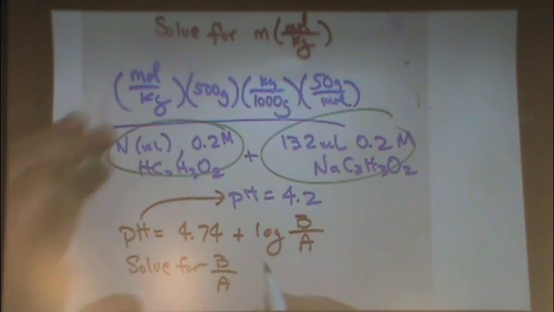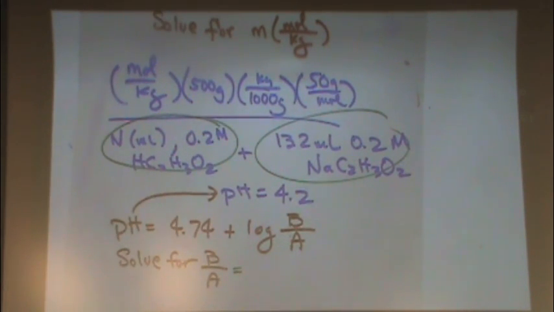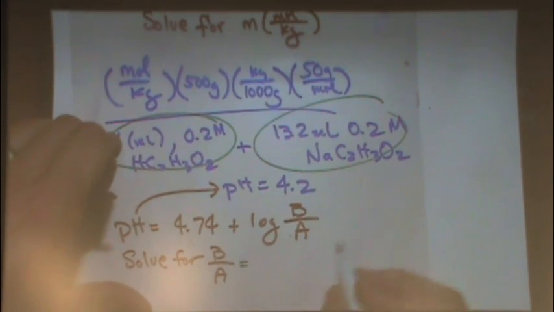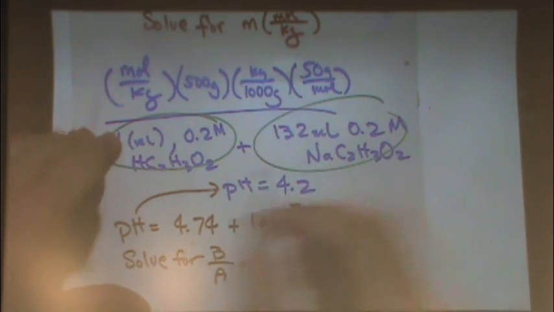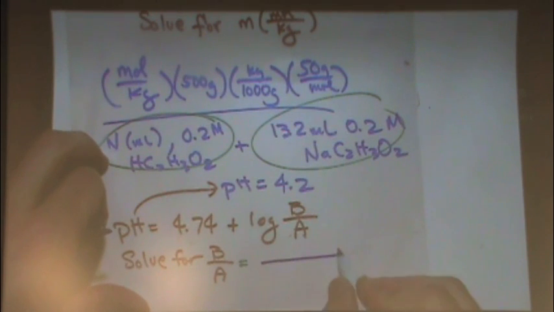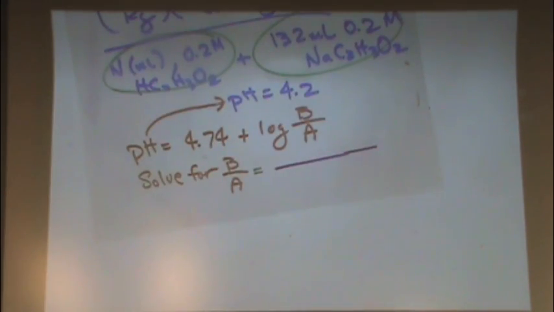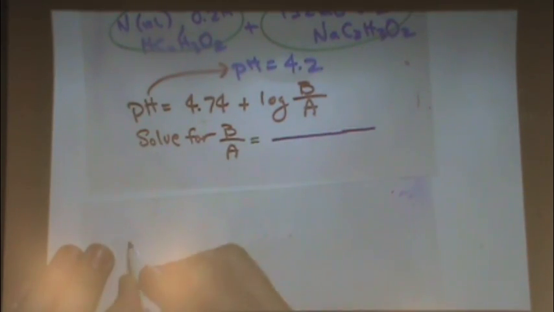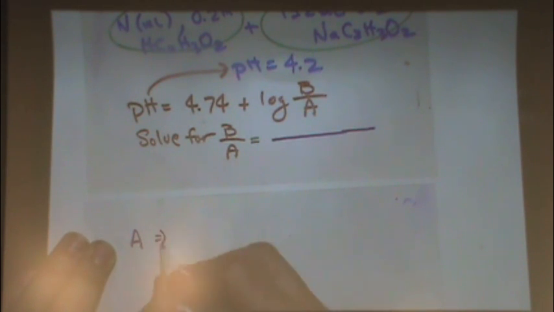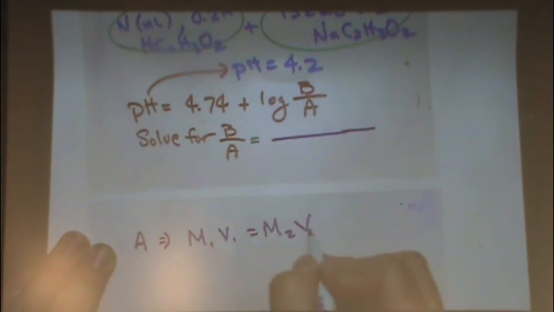So really, solve for B over A is what I'd recommend doing first, just to get a little bit of the mess out of the way. And then, the acid, I'll just call A. You would get it like this, when you say M1V1 equals M2V2.